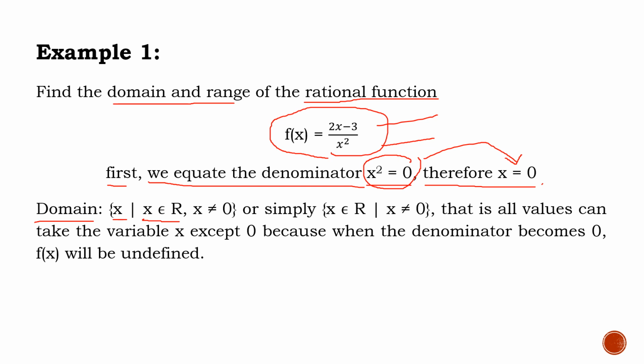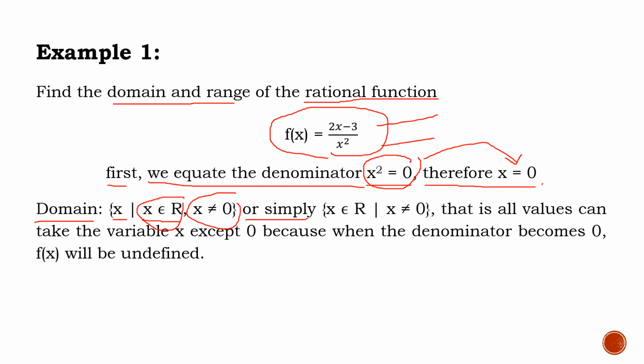That's why we're going to put a condition wherein your x is an element of all real numbers here except 0. Because again, 0 will make your denominator equal to 0.